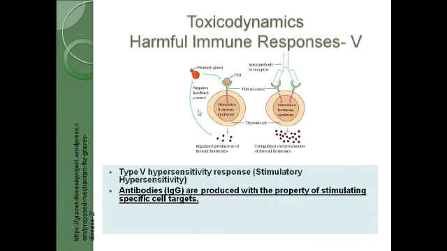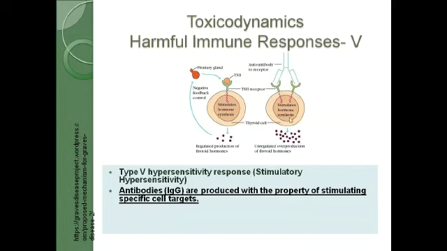What you see here is that a thyroid stimulating hormone is produced by the pituitary gland and stimulates the thyroid cell to produce thyroid hormones. In this type of hypersensitivity, antibodies are produced with the property of stimulating specific cell targets. So you see, now in these patients, specific antibodies against this receptor, TSH receptor, are present.